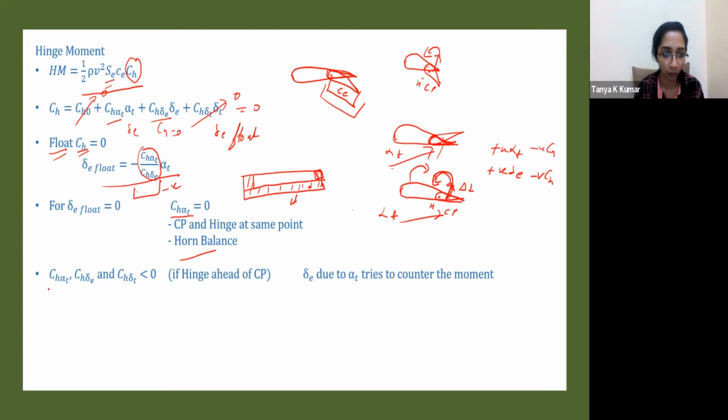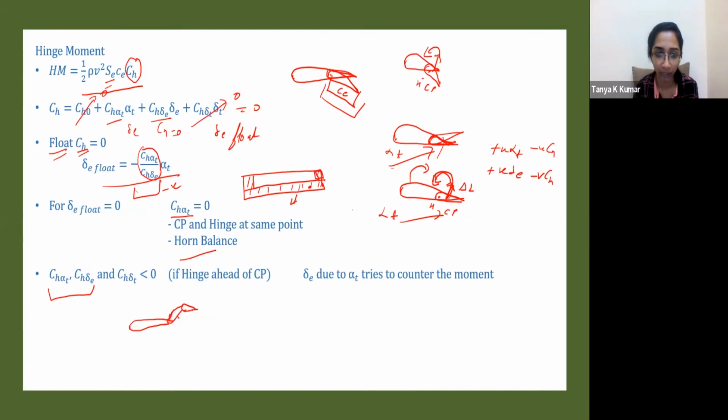Now we discussed these two, CH alpha tail and CH delta E, to be negative. CH delta T, that is the hinge moment produced by the trim tab, is also less than 0. So what is the trim tab? This is your tail. When you're deflecting the elevator, it floats on top, and you have another, bear with my drawing. This is the delta E float.